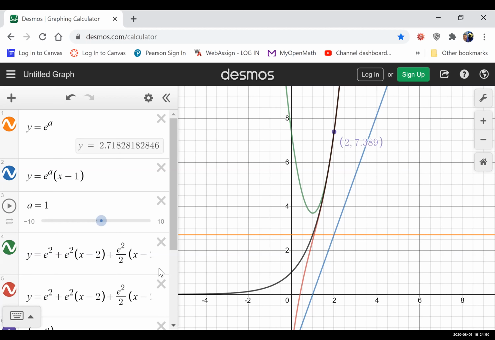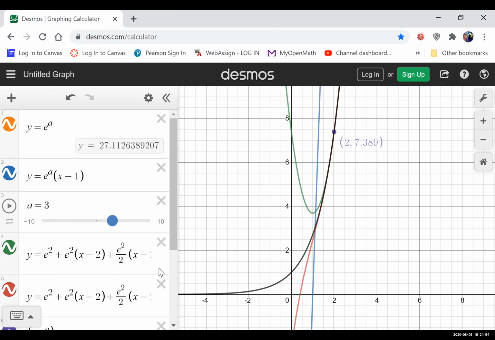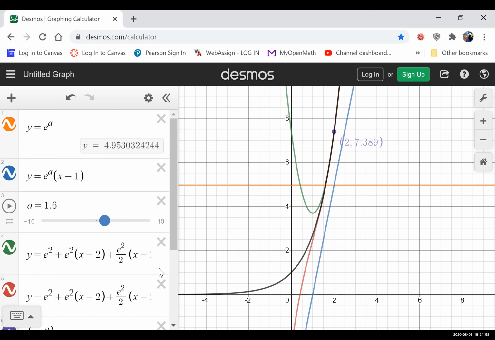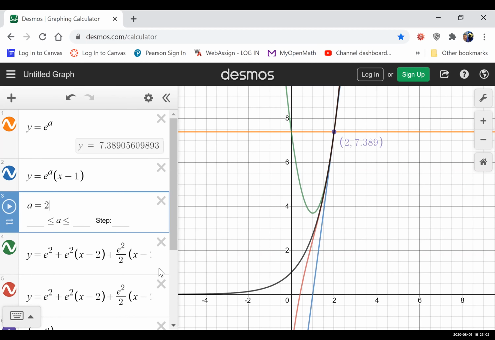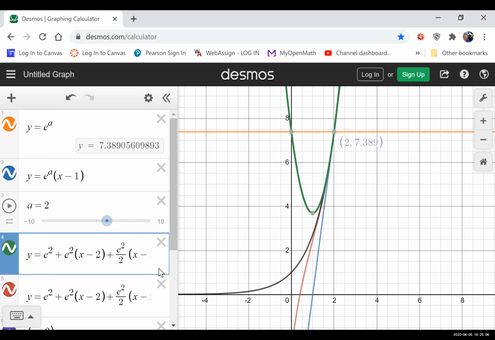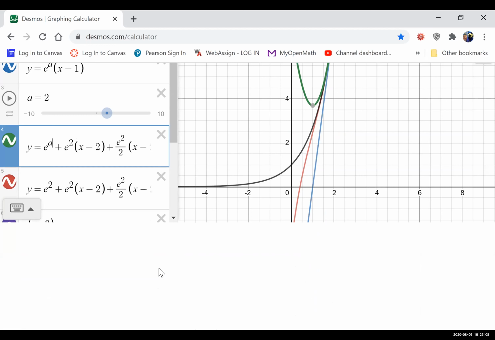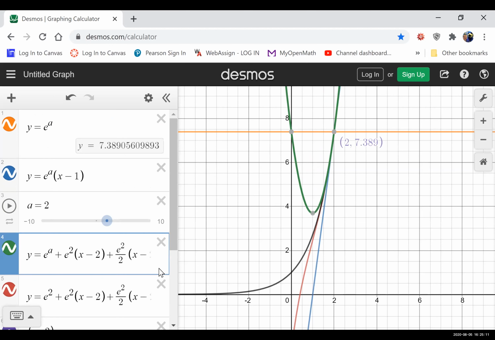The slider a is going to be, we started this slider at 2, so that's where we want to go. And then again, I'm going to put in a's here for these values.